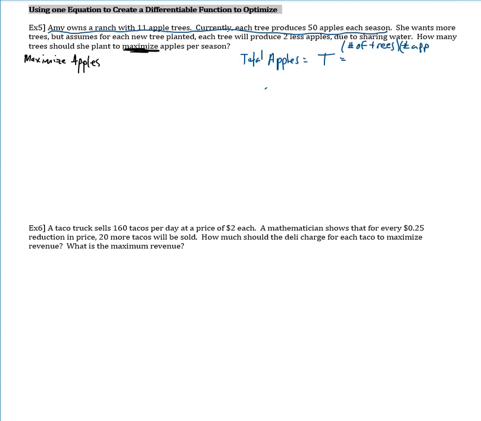I wrote that above in words so I could put the numbers in.